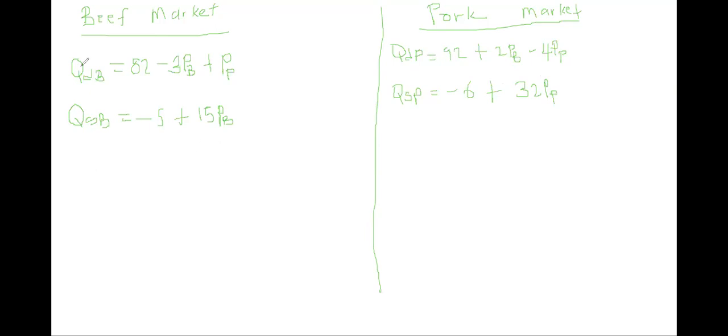So we have this problem. They give us two markets. This is the beef market, and this is the pork market. Here, what the question will normally ask you is this. We have two different markets.